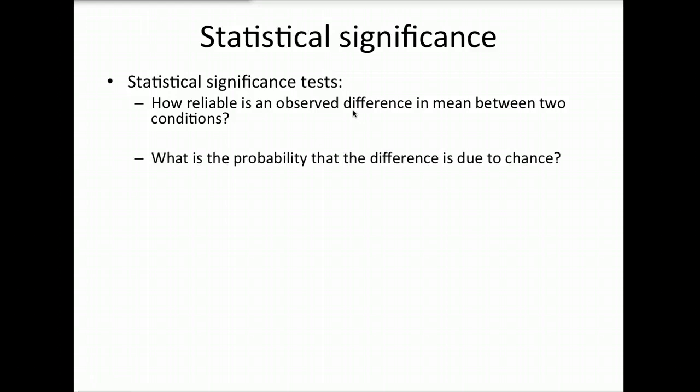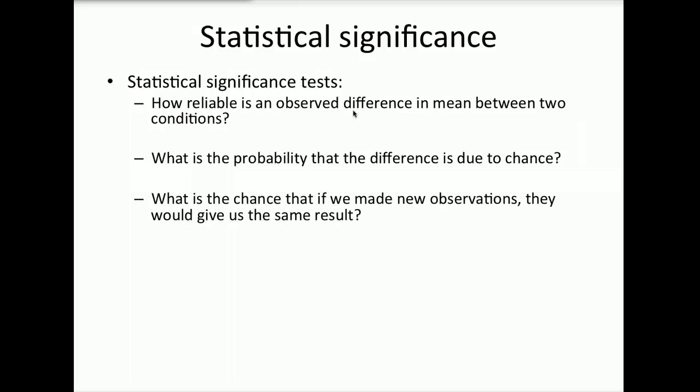So what we are asking is, what is the probability that a given difference in mean is due to pure chance, that it's coincidental? We could again reformulate it as, what is the chance that if we made new observations, if we went out and looked at, let's say, other infants and how they move their eyes about, we would gain the same overall result as the one that we collected in our little sample?